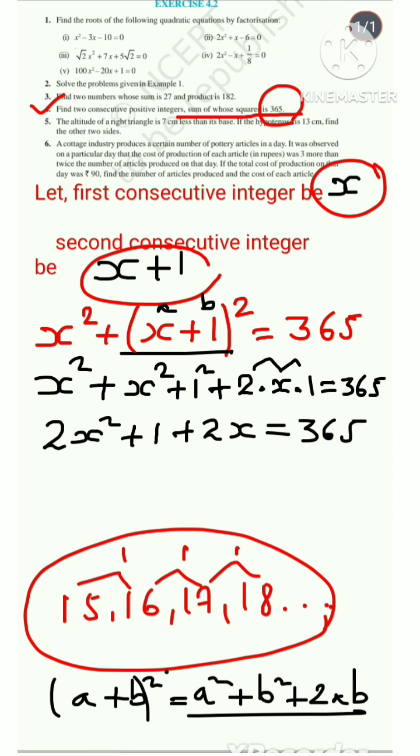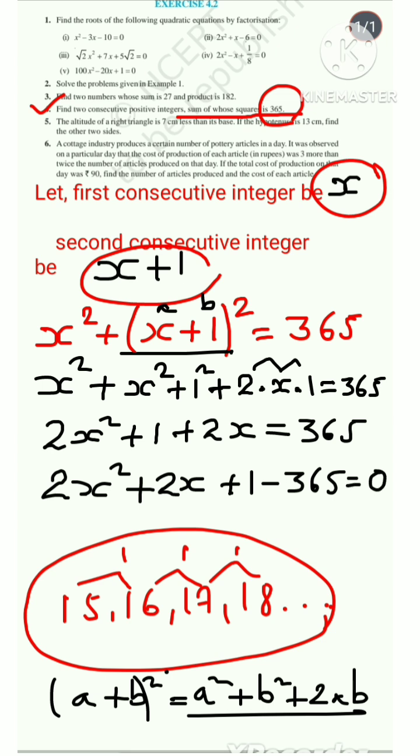Again 2x square, let's arrange, plus 2x plus 1, and this 365 comes to LHS and becomes minus 365 equal to 0. Okay, firstly let's erase this.